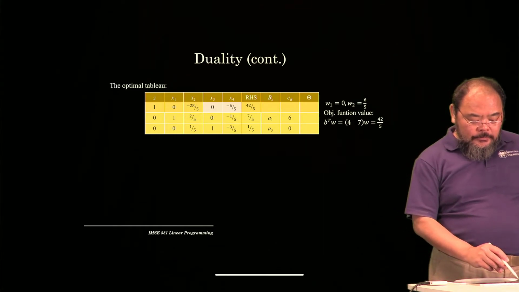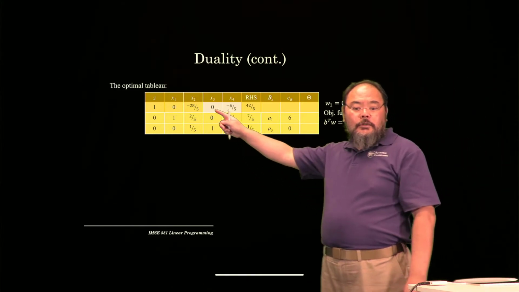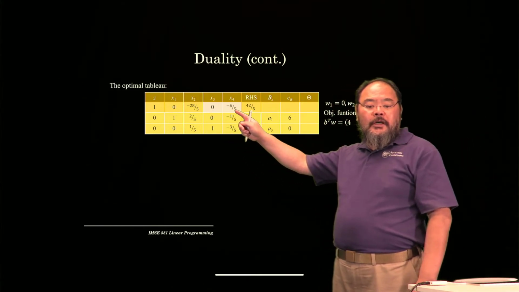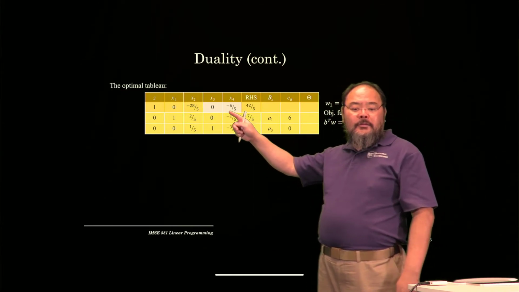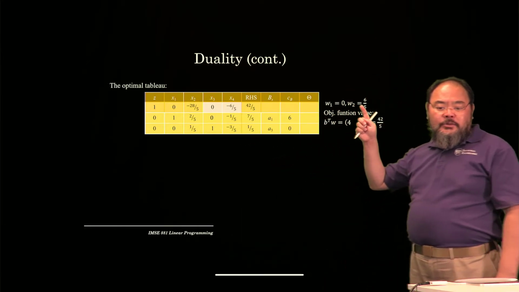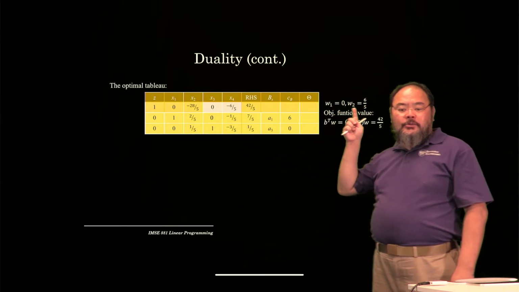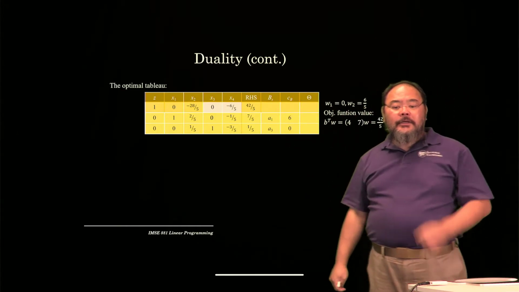The current dual solution equals 0 and 6/5, because that's a negative dual solution. So omega 1 equals 0 and omega 2 equals 6/5 in that case, in the pink area.